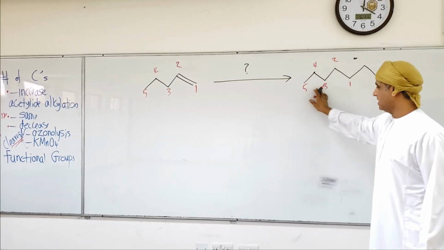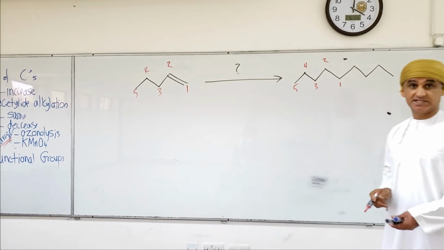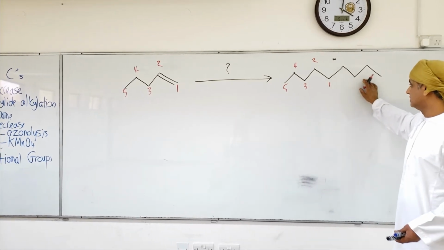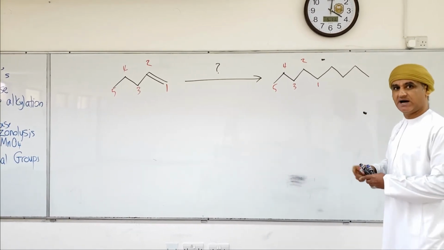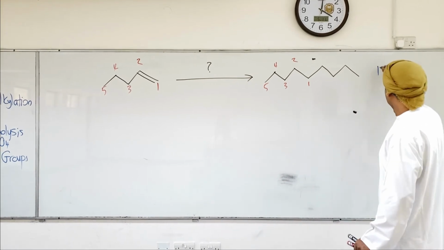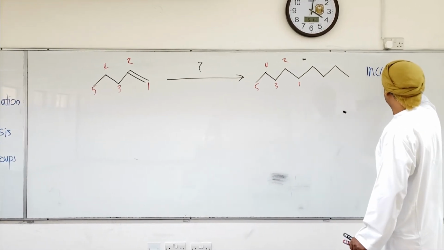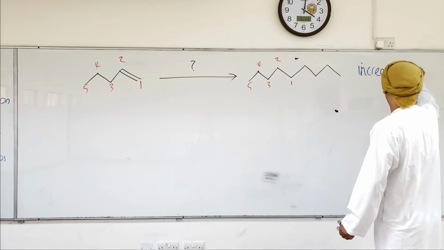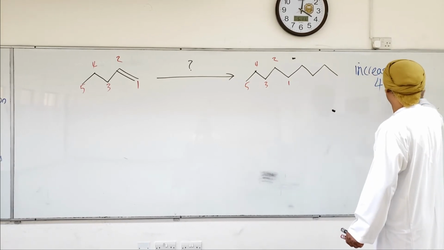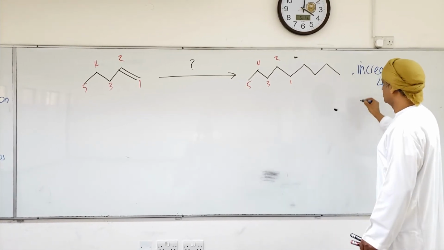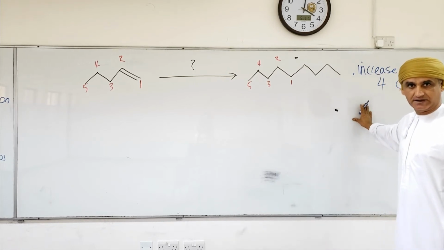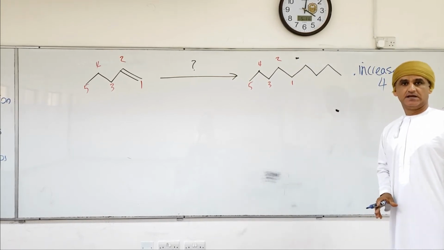So these 5 carbons could come from the starting alkene. So we have an additional 4. There is an increase by 4 carbons. This is a very important observation of this target molecule.